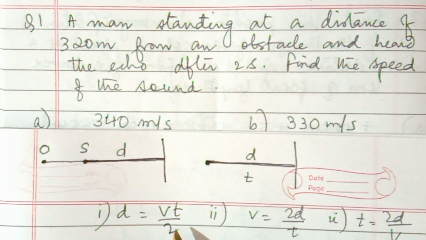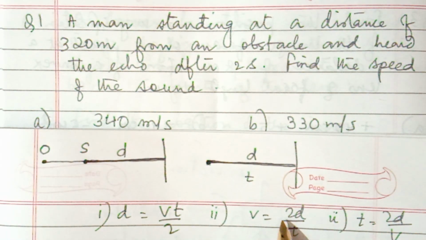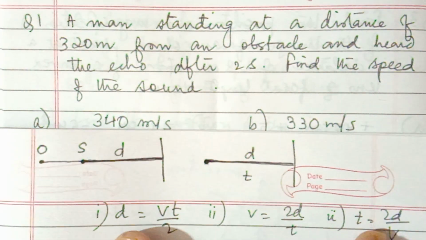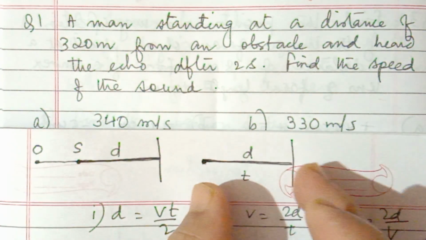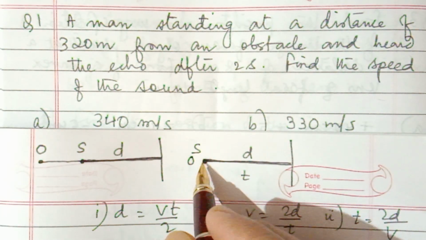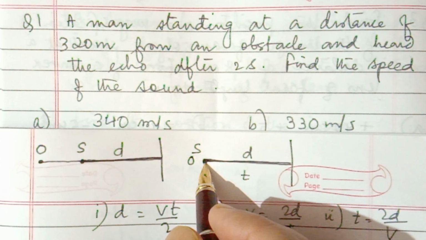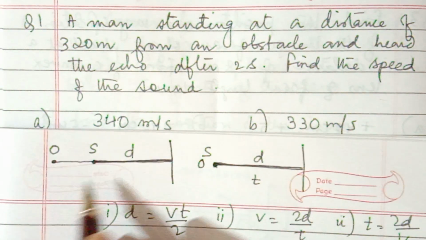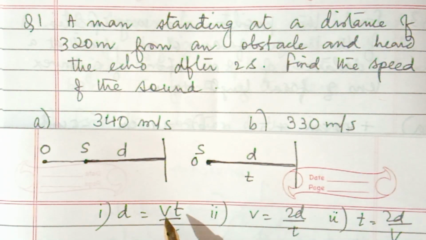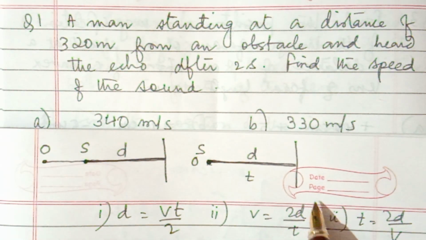So if you apply this formula to find the velocity or the distance, it will not be applicable. These formulas are applicable only when source and observer or listener are at the same point. So be careful. And only when sound travels in one direction, use the normal formula, distance is equal to speed into time, or speed is equal to distance by time.